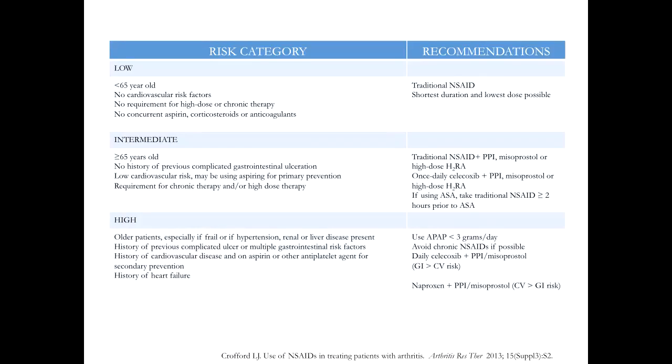So if we talk about the joint guidelines from the arthritis guys and the gastroenterology guys and girls, they basically talk about risk categories and recommendations. So if you have a low risk category, and that means low risk for both GI bleed as well as low risk for cardiovascular disease, you can use just a plain old non-selective NSAID, but they still recommend low dose and low duration.